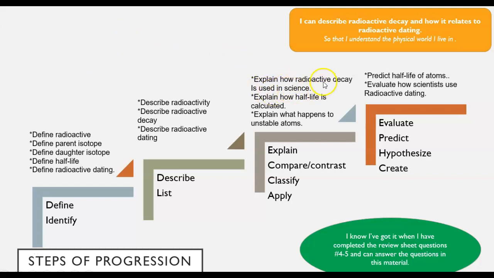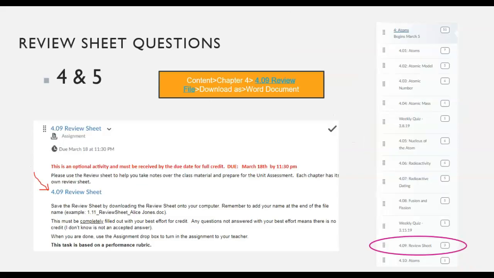The next progress level is being able to calculate half-life and explain to someone how to do that, or to evaluate and predict. So each one of these gets a little bit harder. And if you get the easy things, then it's easier to move up to the more challenging things. So use this as a checklist to help you determine if you've got everything that you need to show mastery for the lesson material. We will be looking at the review sheet questions 4 and 5 in this.